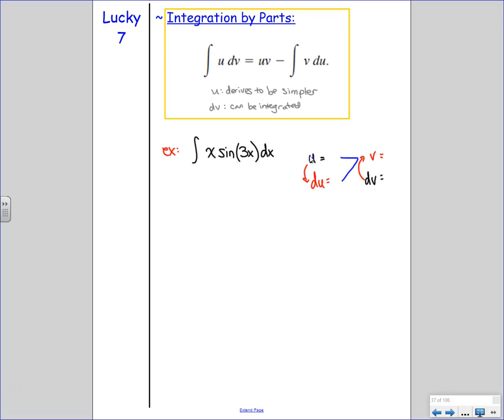What do you guys think is u? So if u is x, then what's dv? This is where being able to do u sub with mental math comes in very handy, and maybe why we worked really hard trying to develop mental math with u sub.